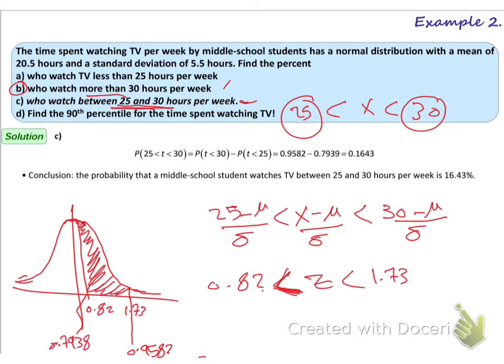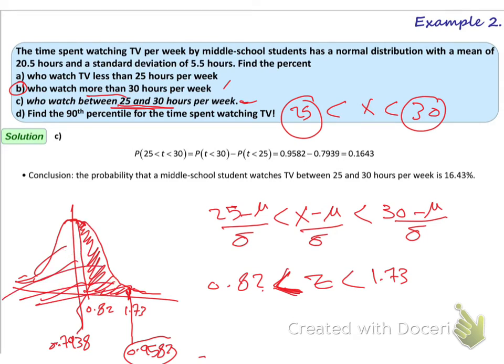So it will be the subtraction of this minus this, because up to here is all the area, and up to here is this area. If I subtract this from all the area, I'll get this area.